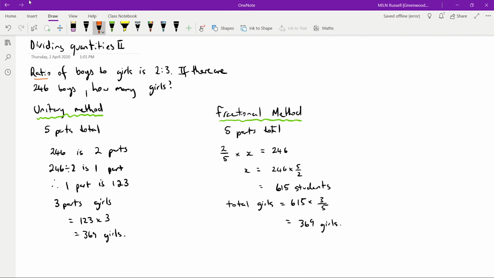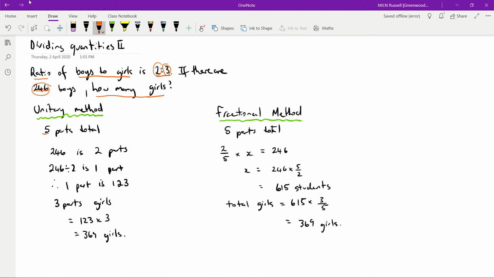We have a ratio of boys to girls, and that ratio is 2:3, and we're told there's 246 boys, and we want to work out how many girls. So again, we work out the number of parts total with the unitary method. 2 and 3 gives us 5, and we know that 246, this number here, is 2 parts out of the 5.